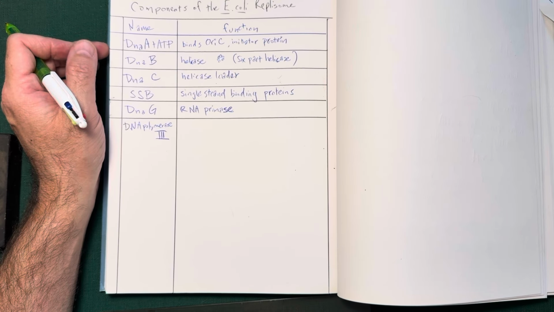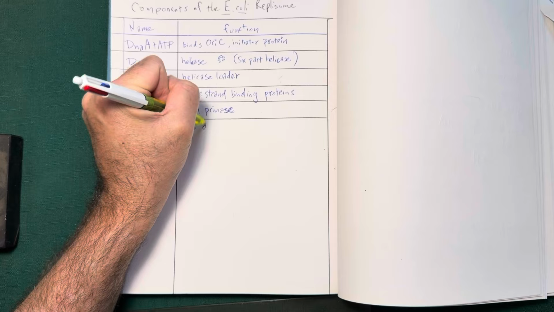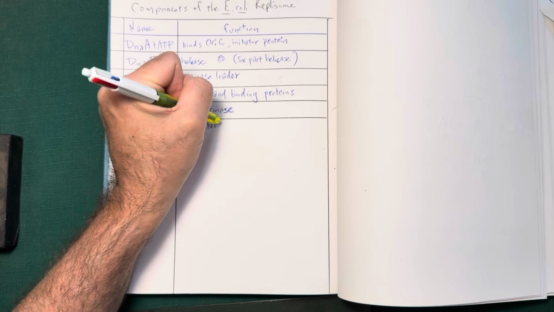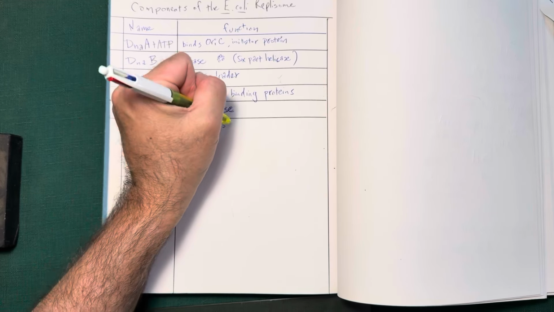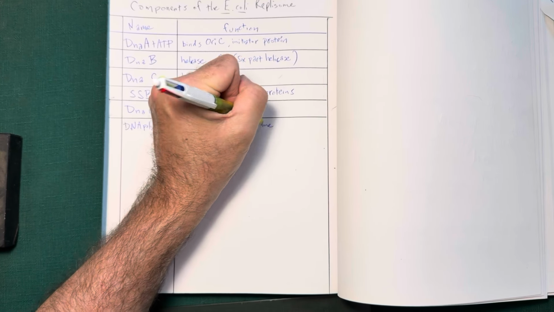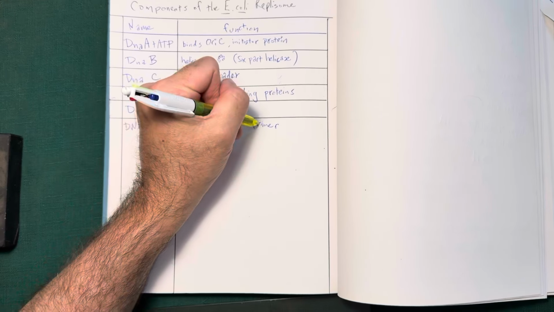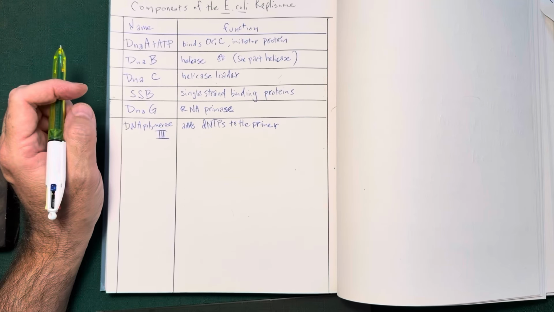And the DNA polymerase 3 is what adds deoxyribonucleotide triphosphates to the primer. Well, it's actually ultimately going to be adding nucleotide monophosphates to form that consistent sugar phosphate backbone.